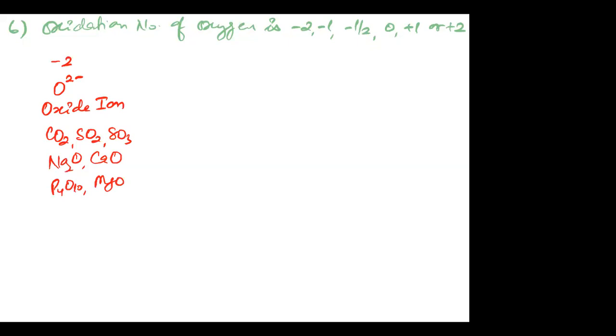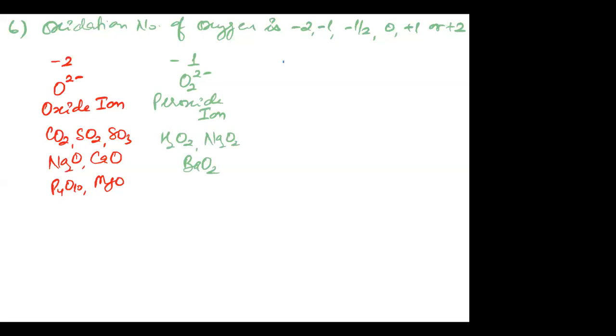Similarly, the oxidation number of oxygen can be -1. In -1, oxygen is represented as O2 2-, and this ion is known as the peroxide ion. For example, H2O2, Na2O2, BaO2, in which the oxidation number of oxygen is -1.